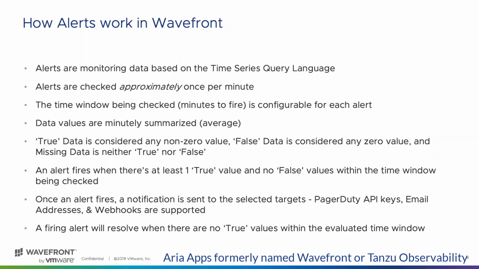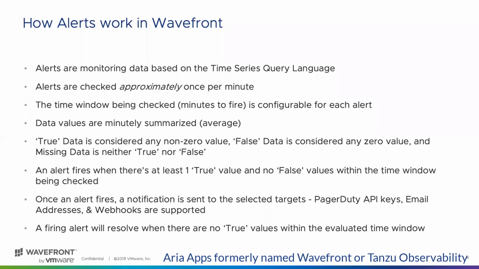So if your alert minutes is 5, Wavefront takes your alert condition, aligns it to 1 minute, and the alert engine will have exactly 5 points, which are 5 minutes worth of data to evaluate against the true or falseness of the alert.